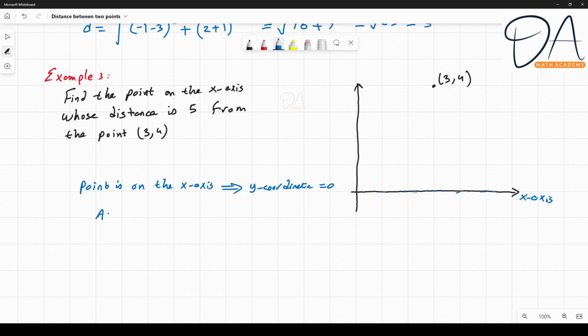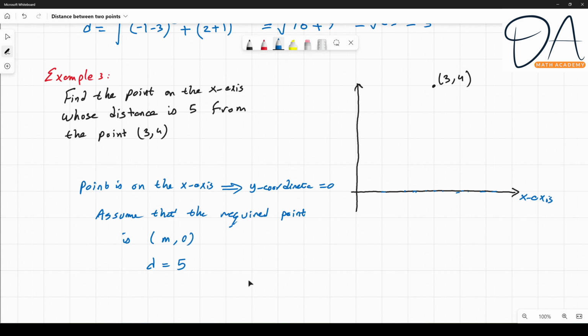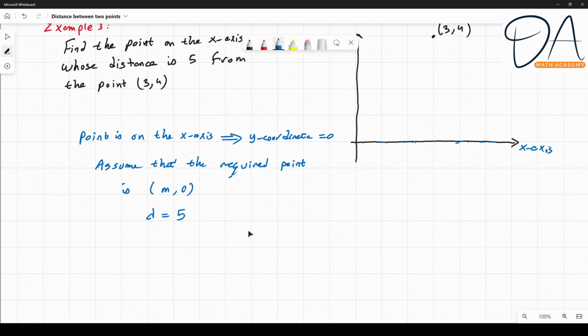Now we can assume that the required point is (m, 0). You can see that m is the x coordinate, which we don't know, but we know the y coordinate, which is 0. We also know that the distance is 5, and this will be our starting point.